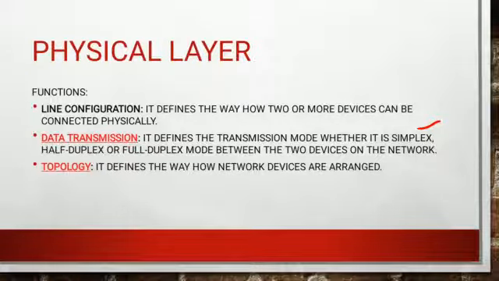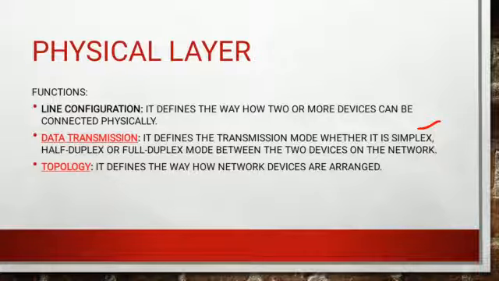Topology defines the way network devices are arranged. That means topology is the different types of structures of connecting computer systems. So different types of topologies are used here. What are the different types of topologies?